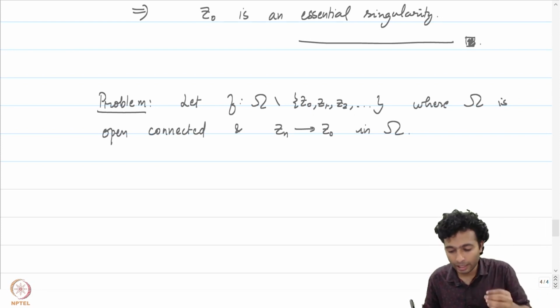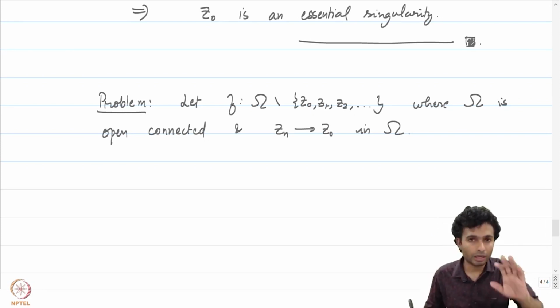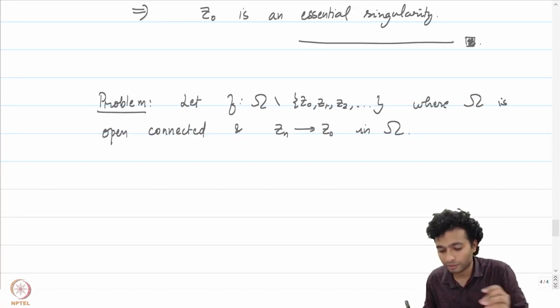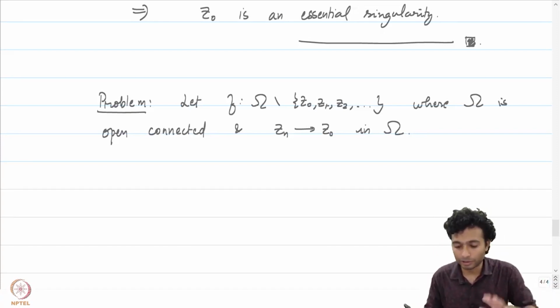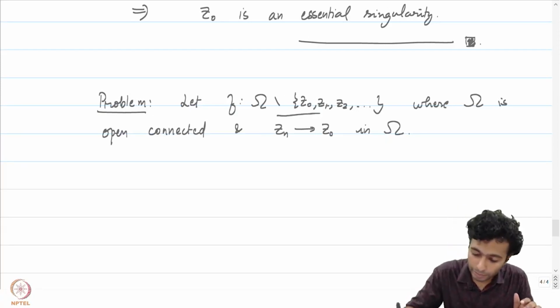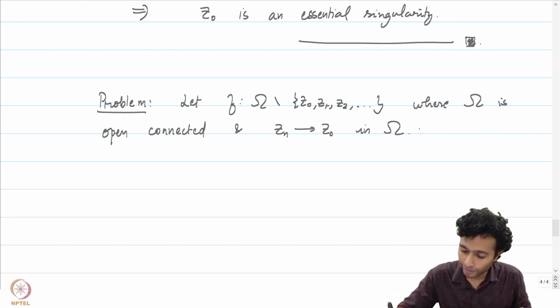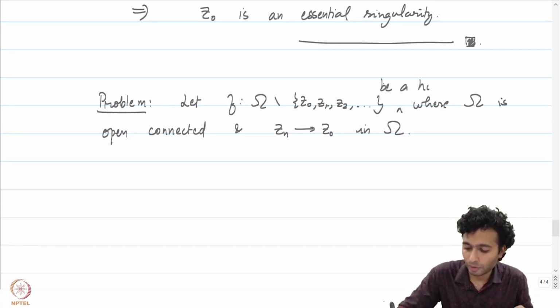So basically zn and z0 are all points in omega, zn converges to z0. So this is a converging sequence along with its limit point. So notice that the thing inside this bracket is not a discrete set, z0 is a limit point. So we have a function which is holomorphic. Let f be a holomorphic function on such a set.